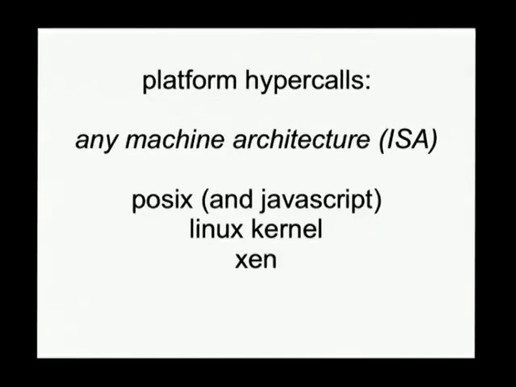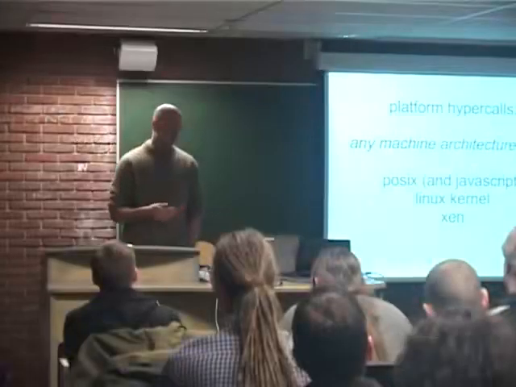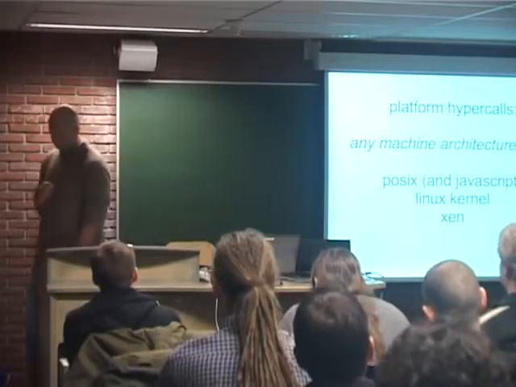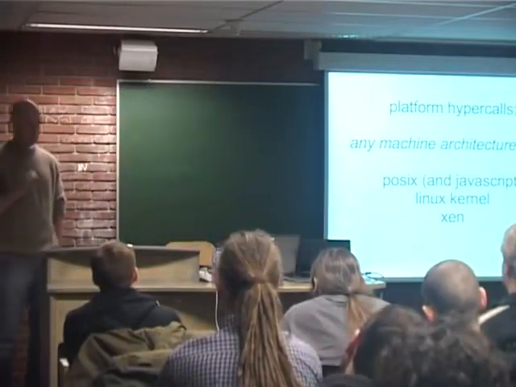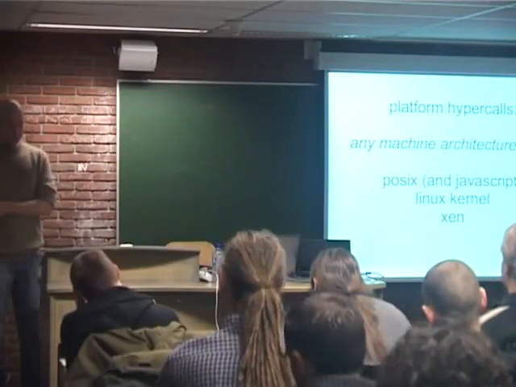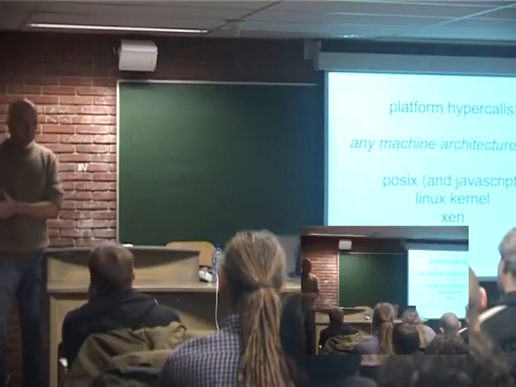So hypercalls are divided into, or I've started realizing that there are really two sets of hypercalls. There's the ones which make the Rump kernel run at all, like for example memory allocation, and also one important one is synchronization, because a Rump kernel uses host threads.